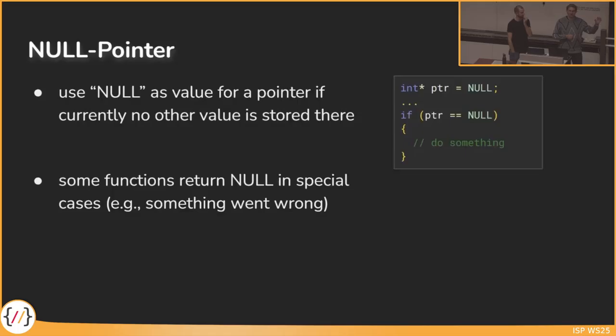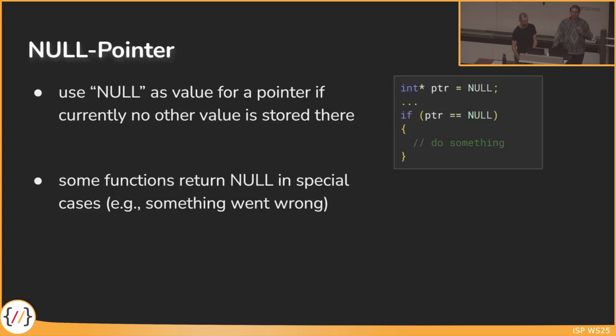Just write null because I would say every C programmer will do this. So if you have a pointer you want to assign the value null, so 0 actually, you just use the keyword null.